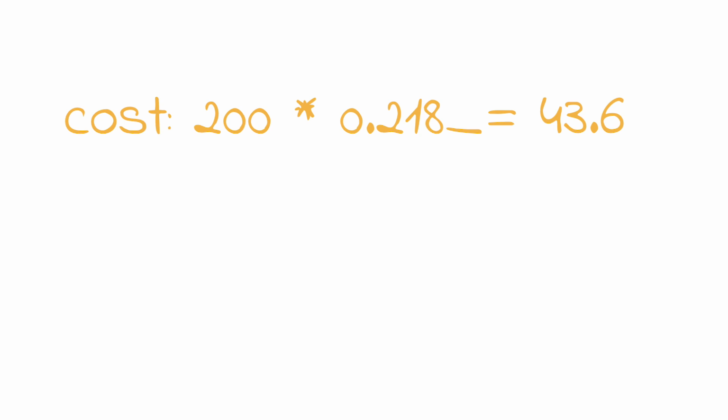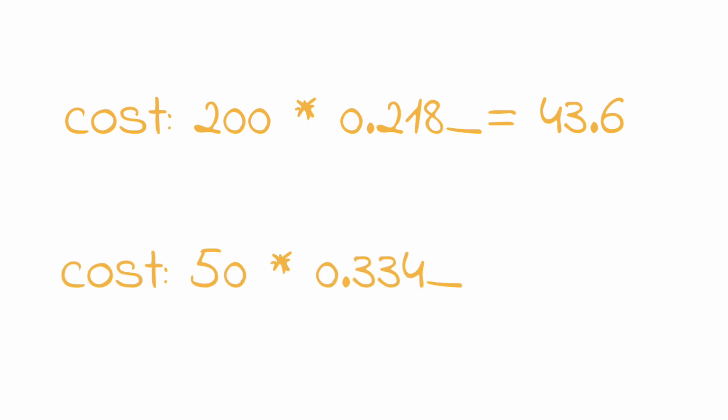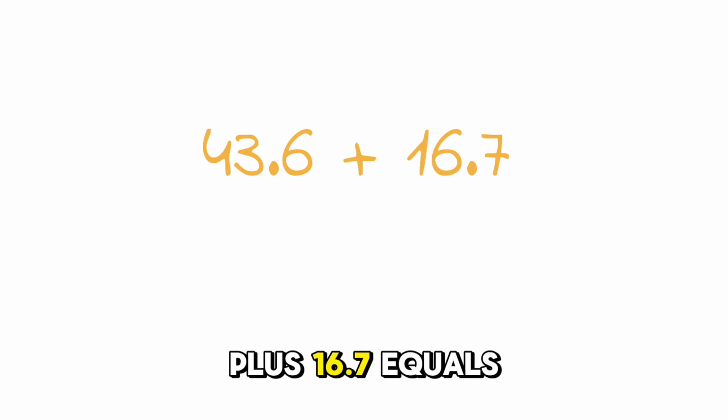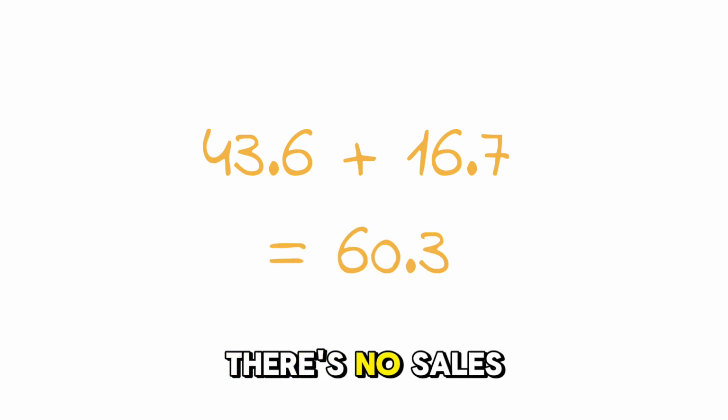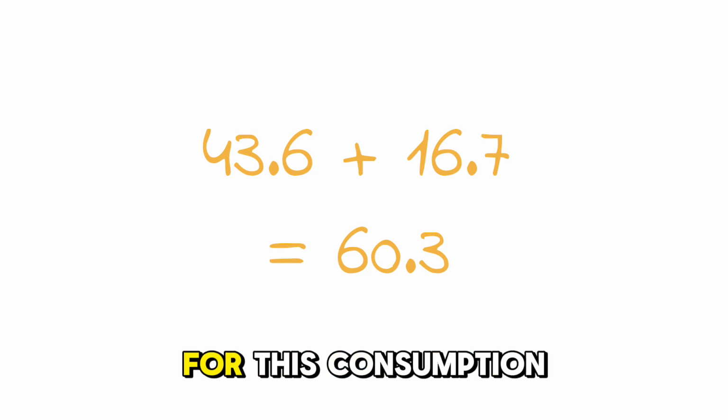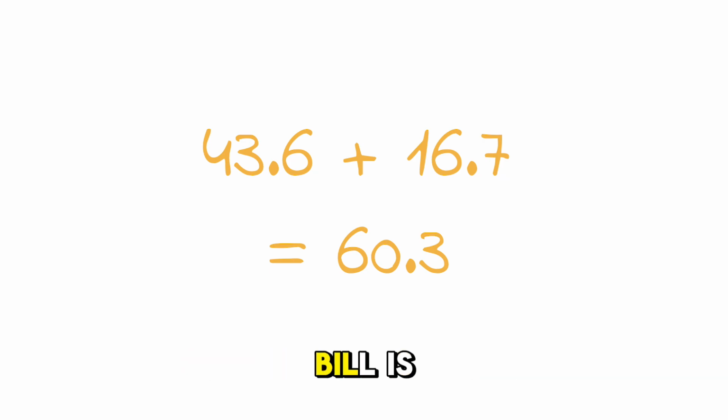And for the remaining 50 units, from 201 to 250, it costs 50 multiplied by 0.334, which equals 16.7. So the total base bill is 43.6 plus 16.7 equals 60.3. There is no sales tax or KWTBB for this consumption, so the total bill is simply 60.3.